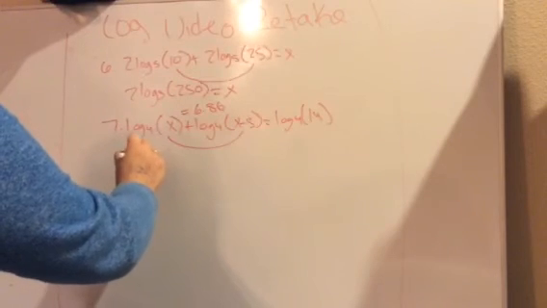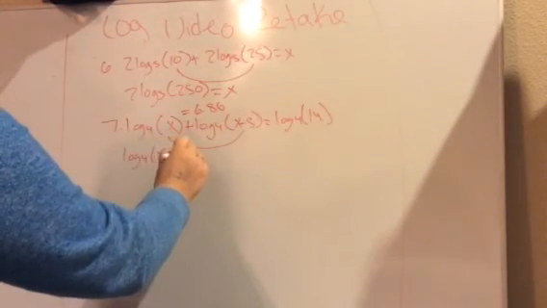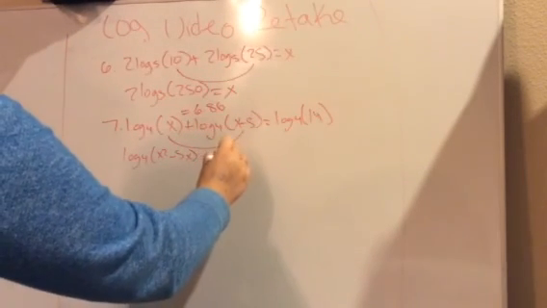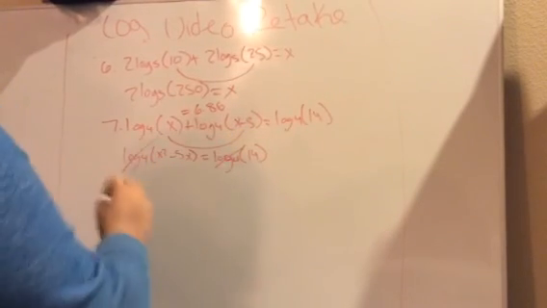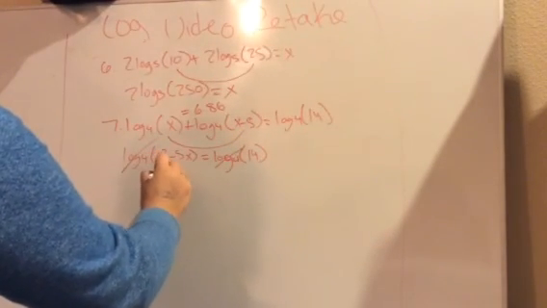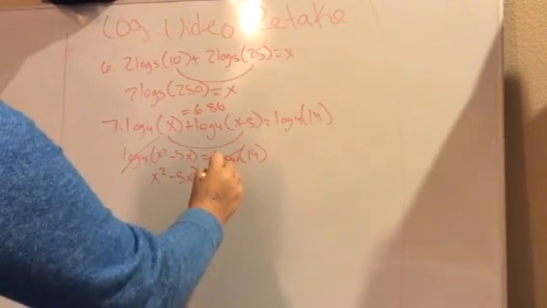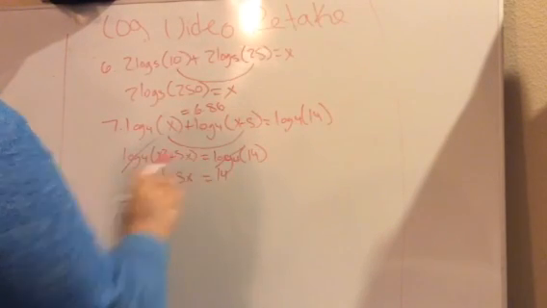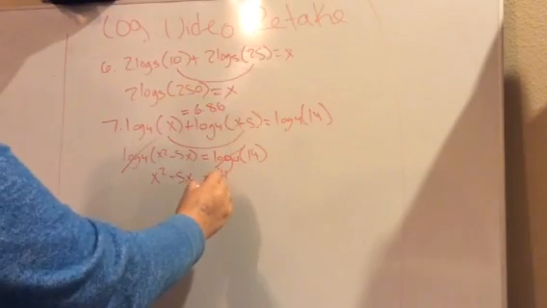So log 4 of x squared minus 5x equals log 4 14. Because these are the same, they cancel out. So you're left with x squared minus 5x equals 14. Oops. So for this one, you set it equal to 0.